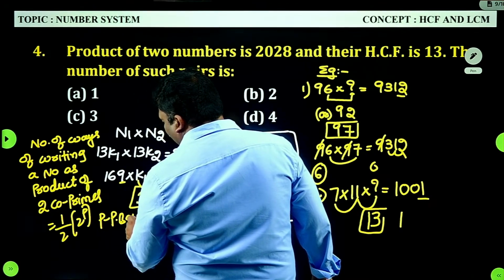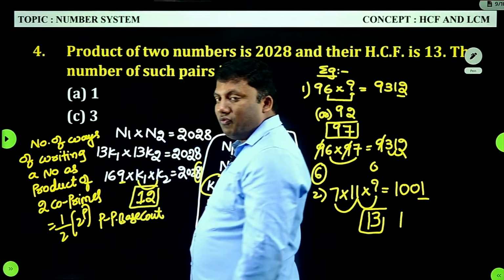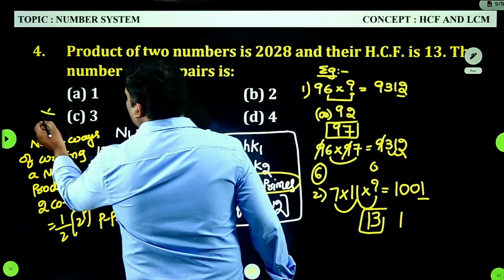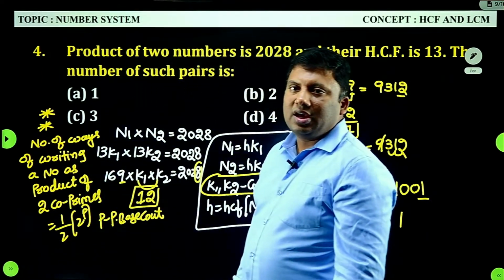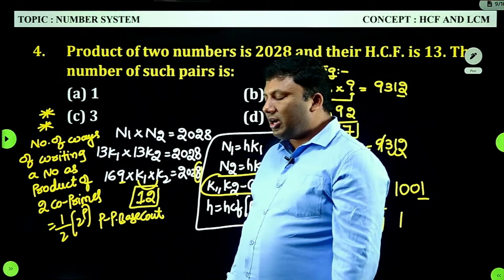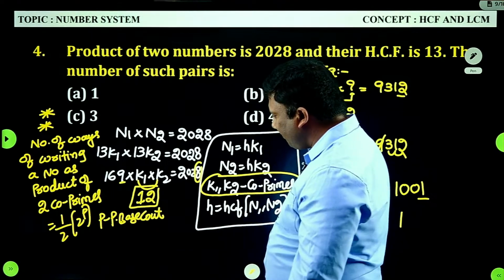I will give you the proof also. P is the prime base count. Very, very important concept. In how many ways can you write a number as a product of two co-primes? It is half into 2 power p.